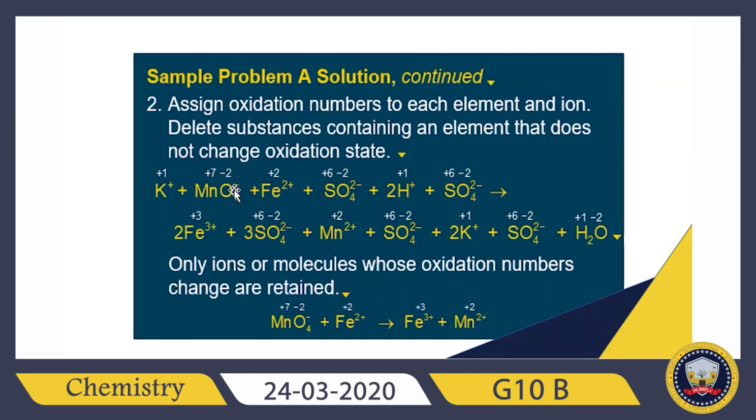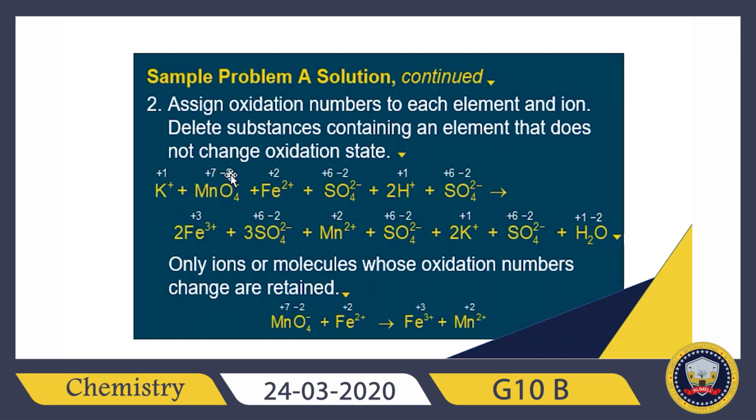To the charge of this ion. So the charge here is -1. So we will find the oxidation number of manganese in the following way: 4 multiplied by -2, which is the oxidation number of oxygen, plus X, which is the oxidation number of manganese, should be equal to -1.